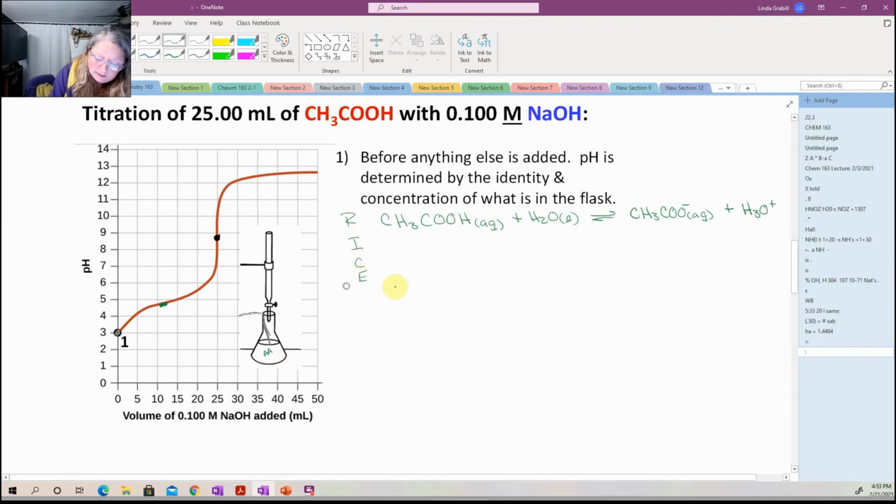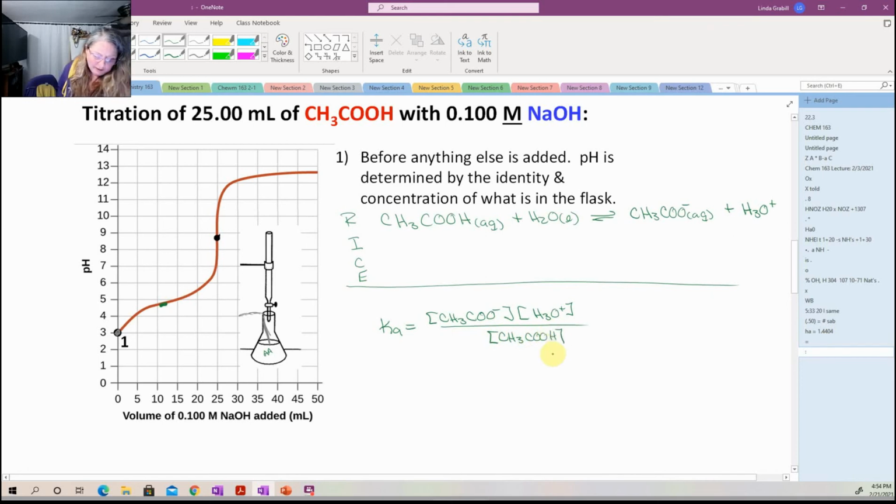But in terms of this reaction, this would have to be a RICE table. And I can write my Ka and be like, okay, I feel like I can do that. I'm going to have my CH3COO minus and my H3O plus divided by my acetic acid, CH3COOH.